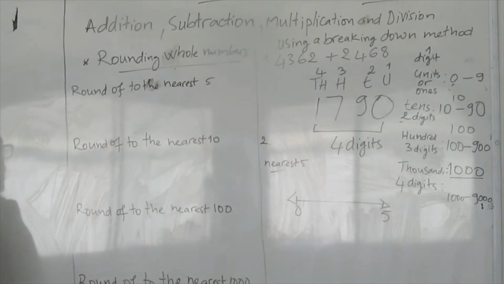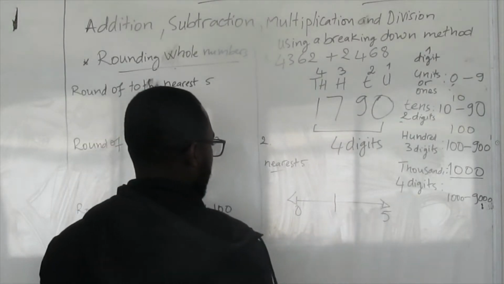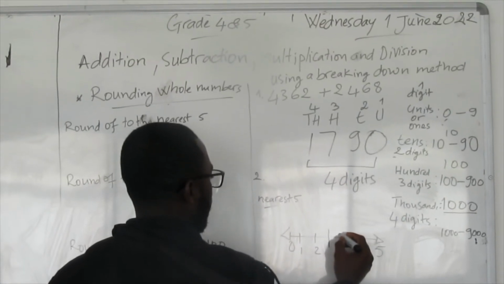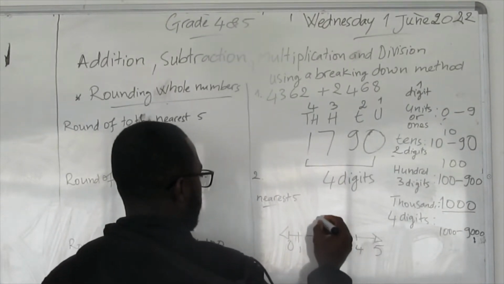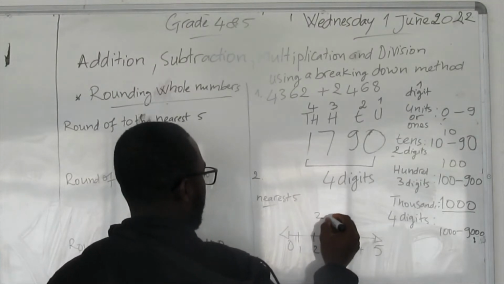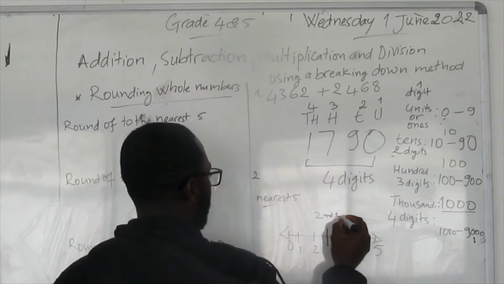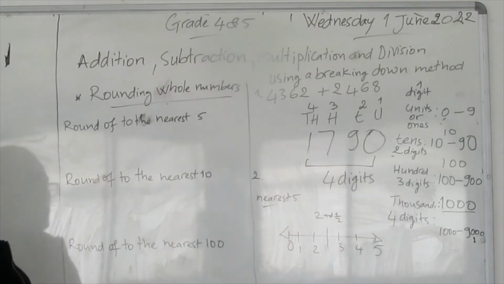You understand? Now, we take our middle. 1, 2, 3, 4. So our middle is 2 and a half. This is our middle.